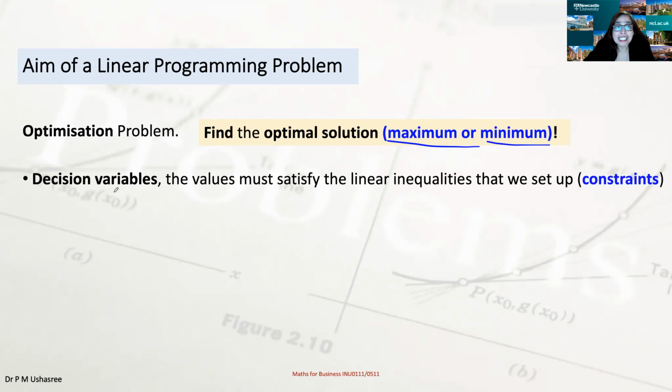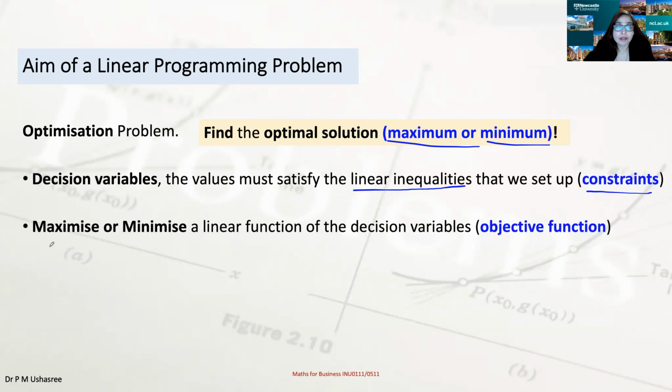So here, the values of the decision variables must satisfy the linear inequalities that we set up. The linear inequalities which you set up using the decision variables, that is X and Y, are the constraints, because that's going to decide how your profit is going to be.